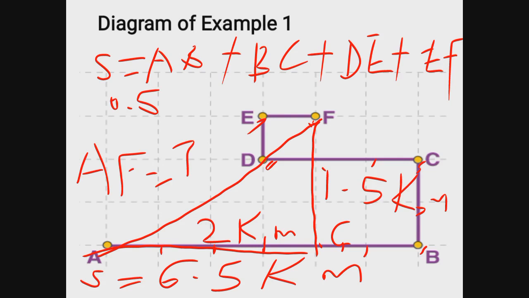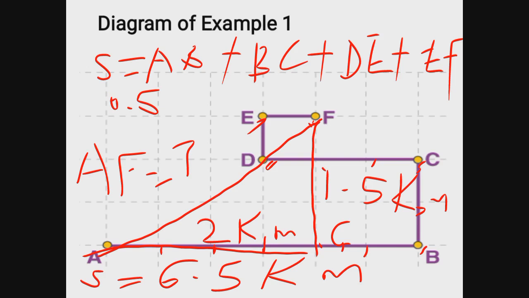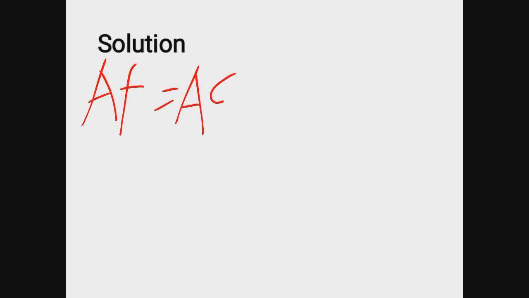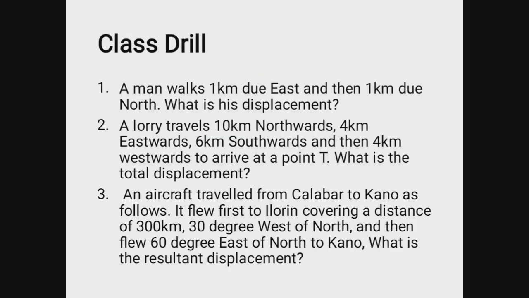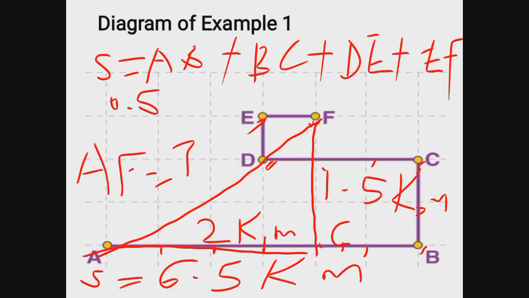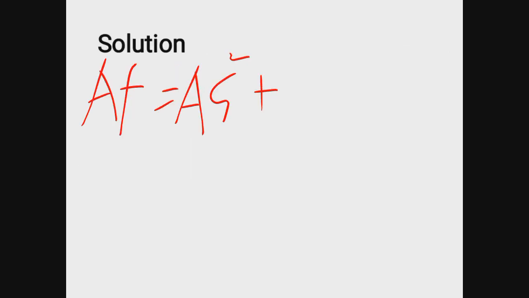We can use Pythagoras theorem to get that, and line AF will be equal to the sum of the squares of the other two sides, which is line AG squared plus line FG squared.